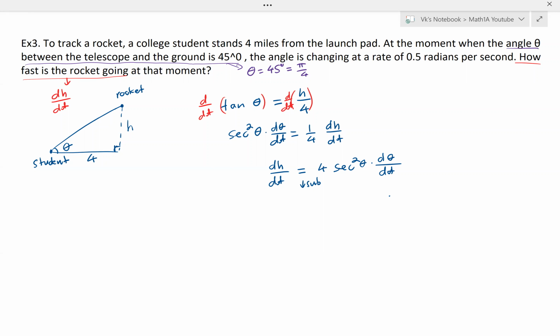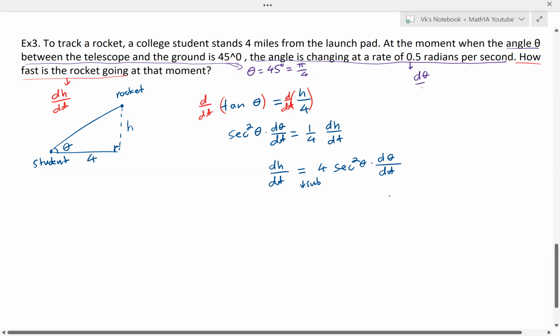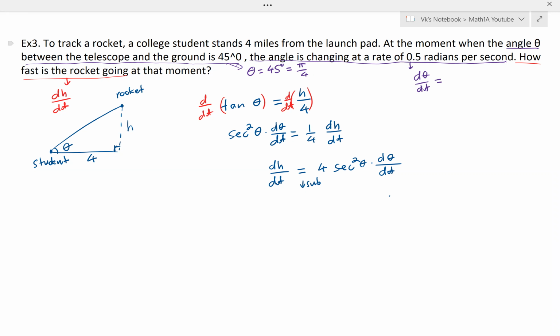And then d theta over dt is the rate at which the angle is changing, 0.5 radians per second. d theta over dt at that exact moment is 0.5.